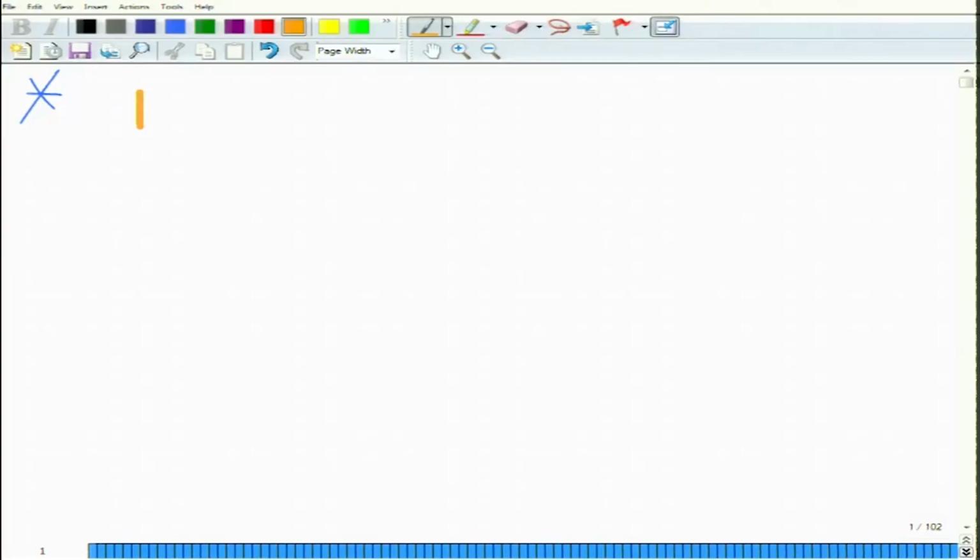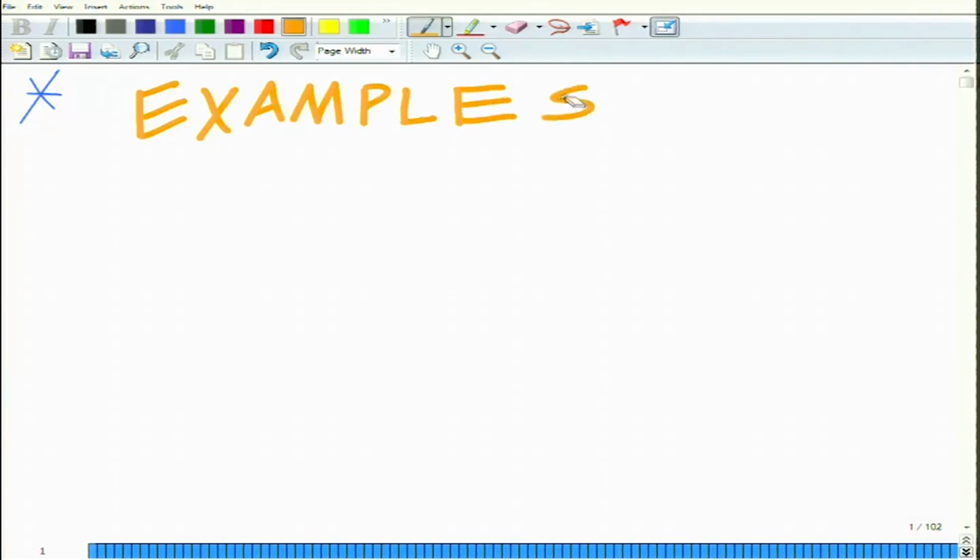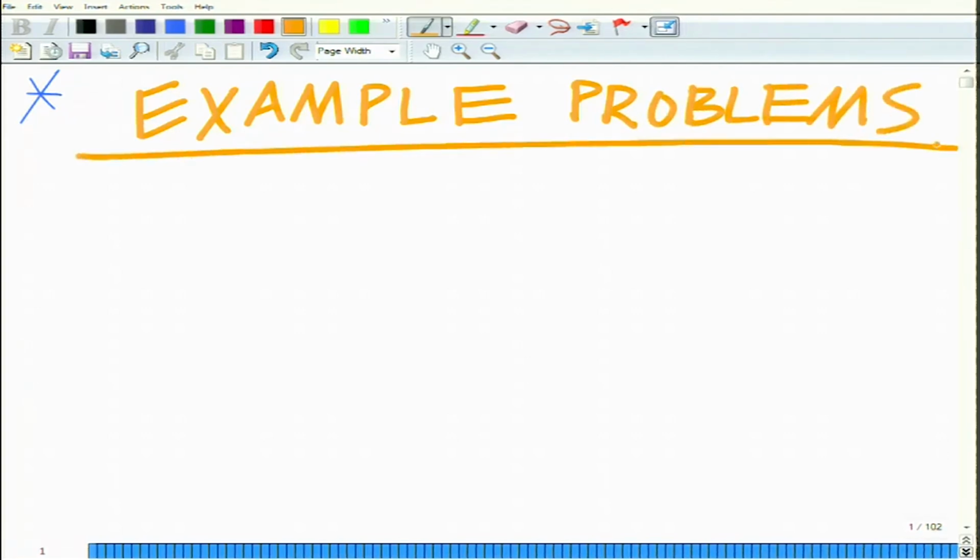What we want to do in this module, and probably the next few modules, is look at example problems for the properties and application of the Laplace transform.